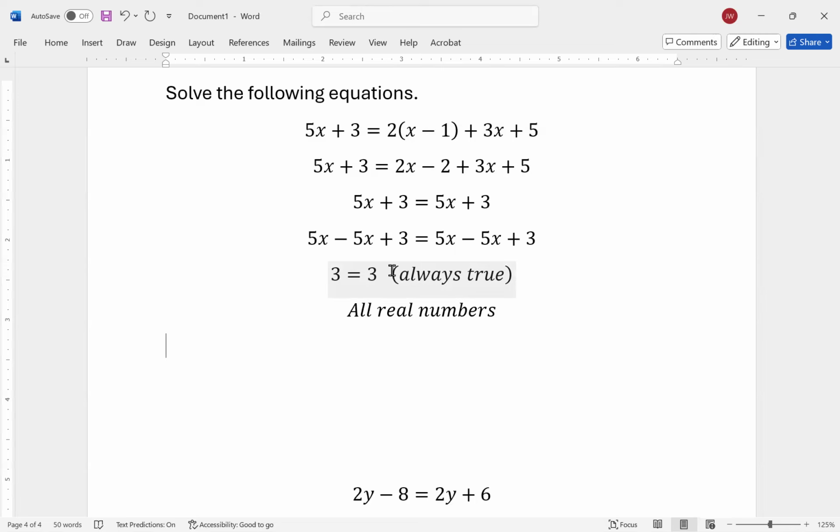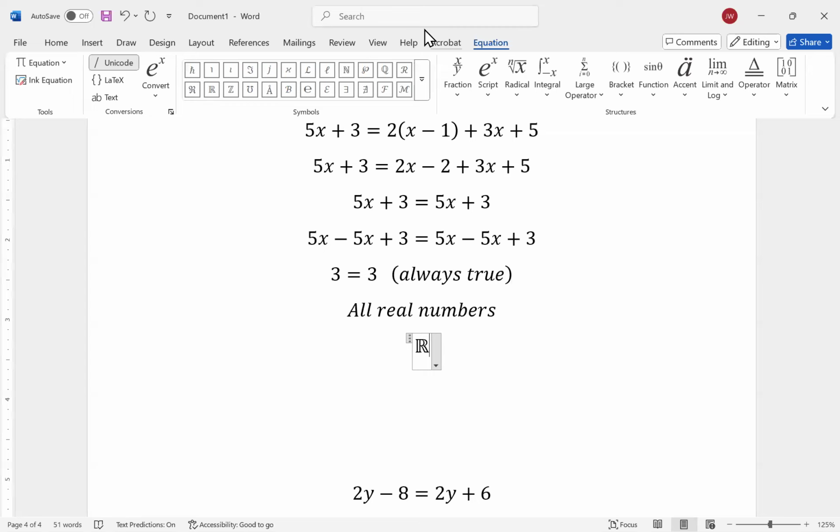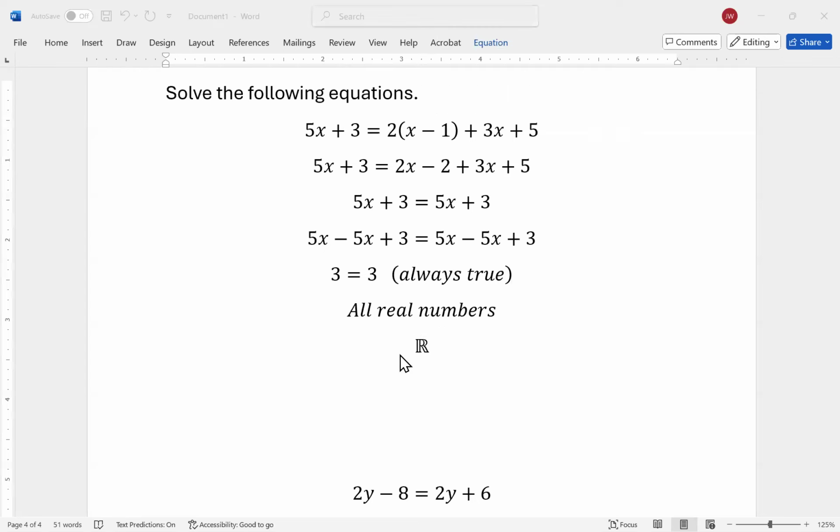And by the way, there is a shorthand way of writing all real numbers. If you write a capital R with a double side on the left-hand side, that's the symbol for all real numbers. On Microsoft Word, it gives you this symbol here.